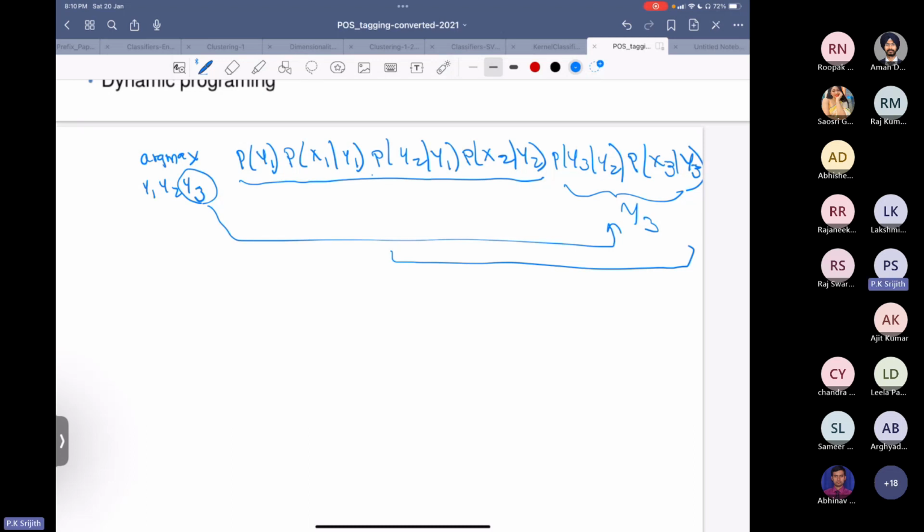So what I can do is bring the maximization over each of these components inside the product.